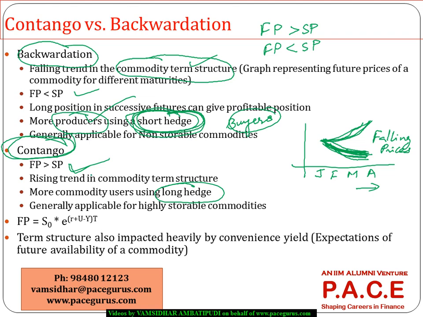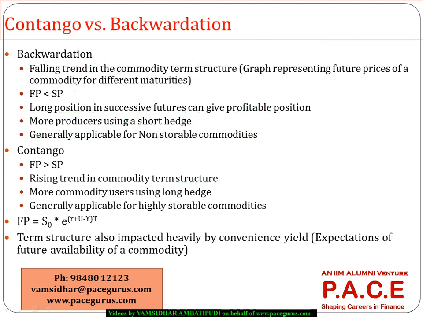And just to find out the relationship between the forward contracts and the spot price, the forward price or futures price, especially for commodities, is equal to the spot price times e to the power (r plus u minus y) times T, where r is the risk-free rate of return, u is the storage cost, and y is the convenience yield.